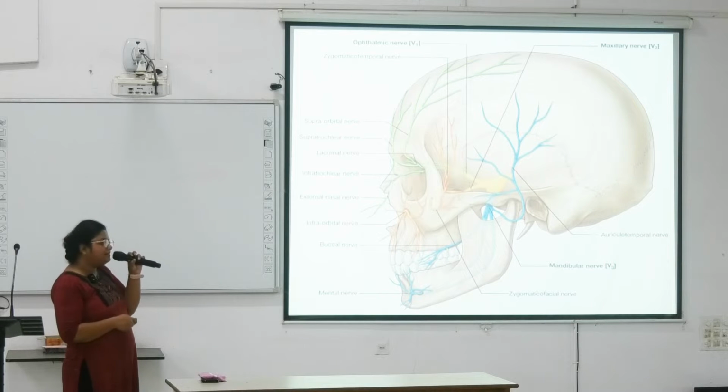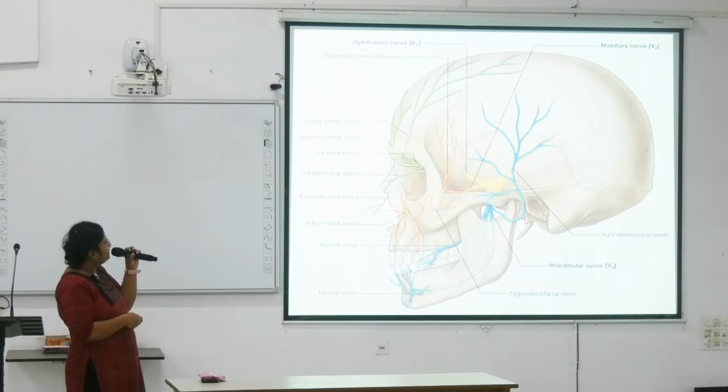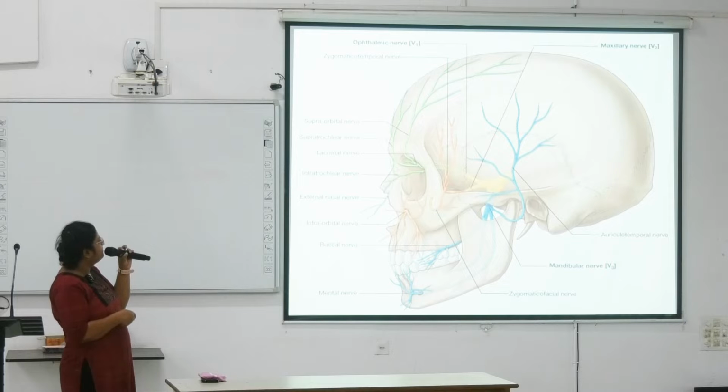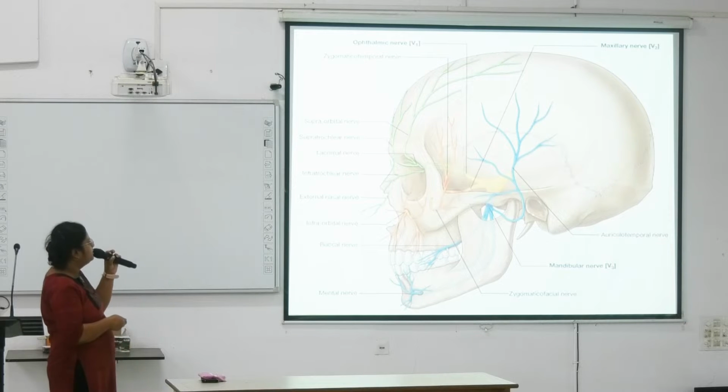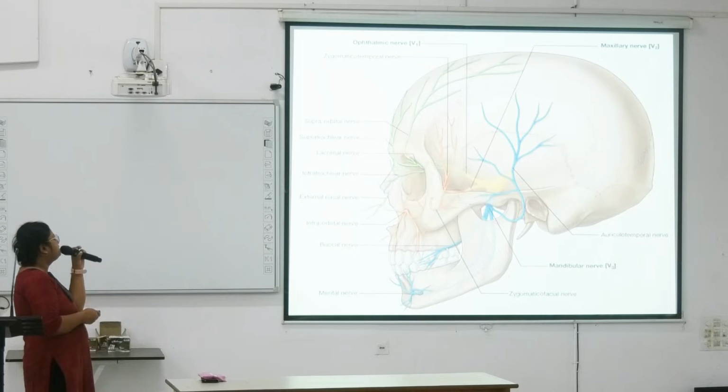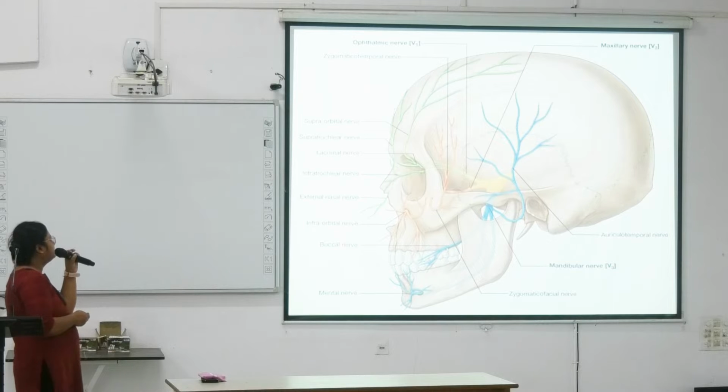Next, see the branching pattern of the trigeminal nerve. Here the trigeminal ganglion is lying. From here, 3 branches are coming out. Upper one is ophthalmic, here is maxillary, and this is mandibular, and it's supplying the corresponding area. And these are the different branches of these 3 divisions. Here is supraorbital, supratrochlear, lacrimal, infratrochlear, external nasal.